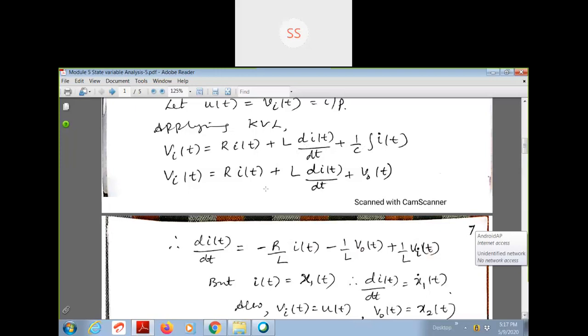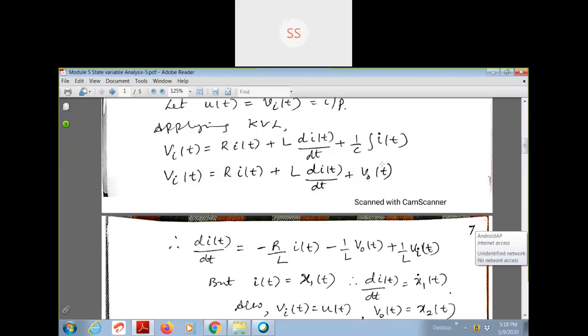Therefore we will try to write this in state variables form. So vi of t equals R into i of t plus L into di of t by dt plus, for this term 1 by C into integral of i of t, we can now write vo of t.